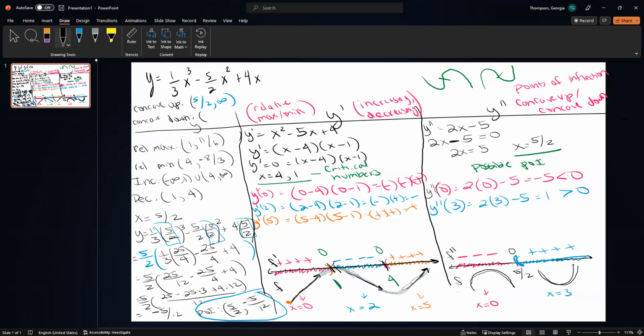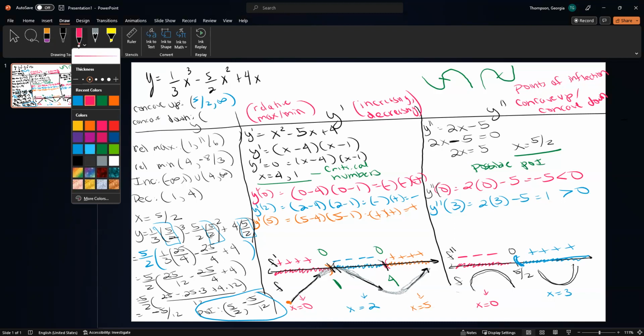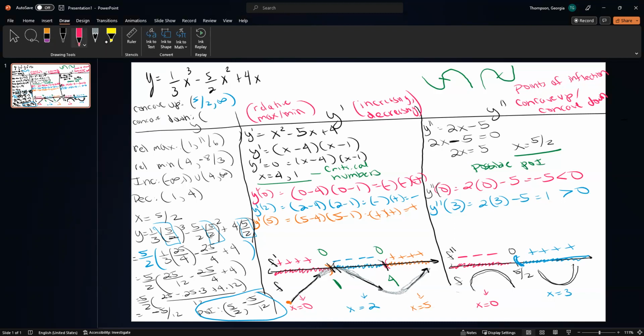Okay, our concave down will be in this pink interval where it starts forever to the left, so negative infinity, and goes up to 5 halves. So that is everything that we can determine from the first and second derivatives.